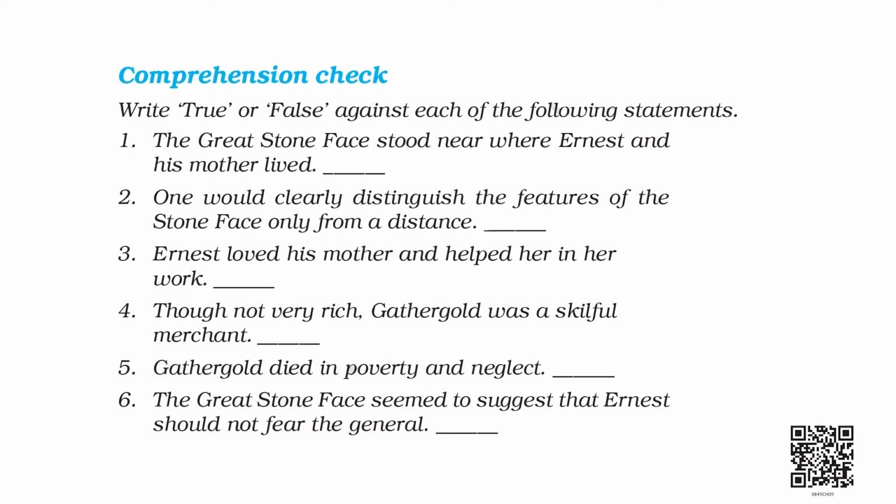You have to say whether they are true or false based on the story. Statement 1. The Great Stone Face stood near where Ernest and his mother lived. Is that true? No, it's false. The Great Stone Face was at a distance, and that's how you could see the face. Otherwise, you would only see a heap of rocks, right?